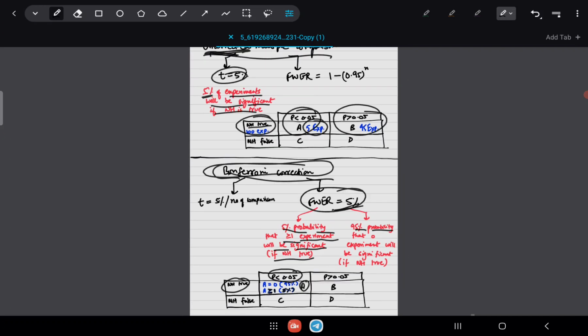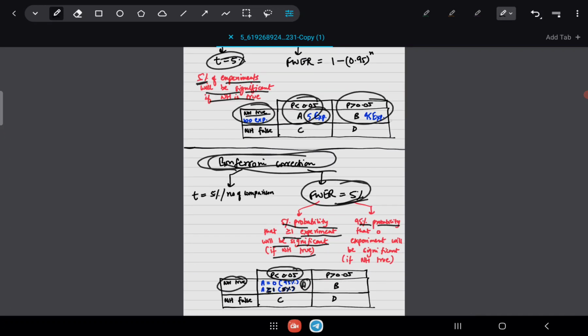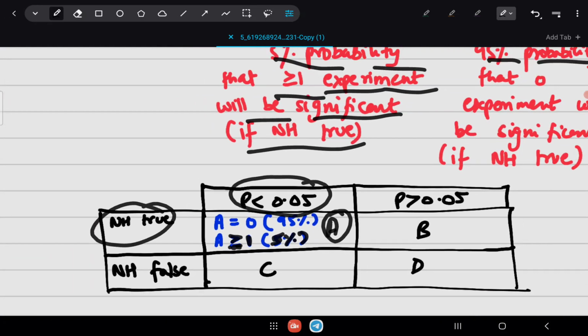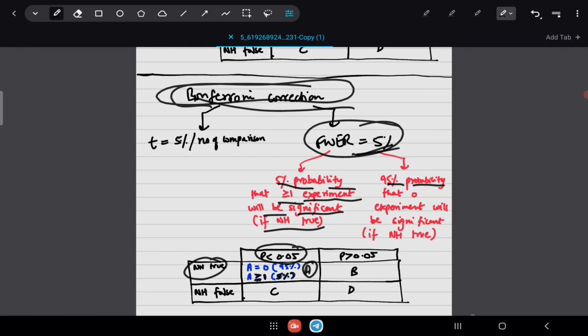I'm trying to put this into a table to show you the context of the interpretation of these terms. So family wise error rate is 5% means that the probability that A is greater than or equal to 1 is 5%, and the probability that A is equal to 0 is 95%.